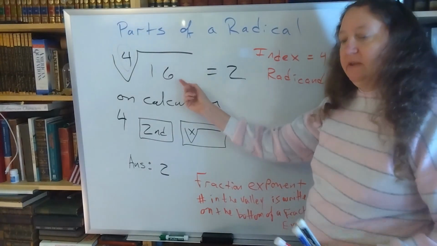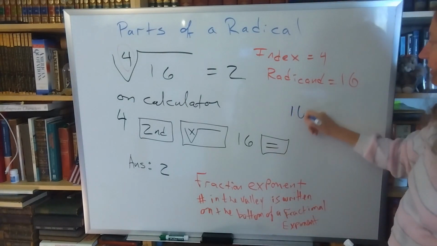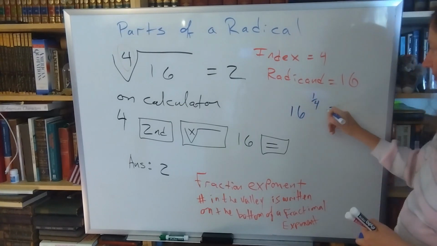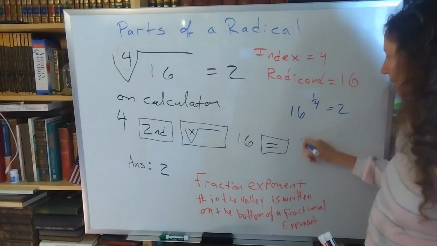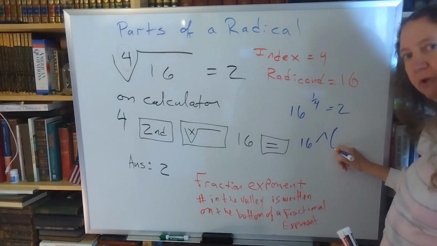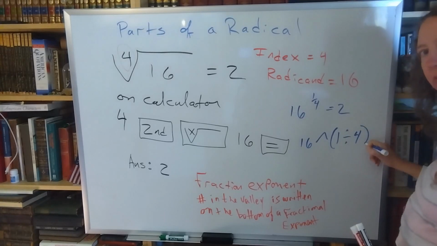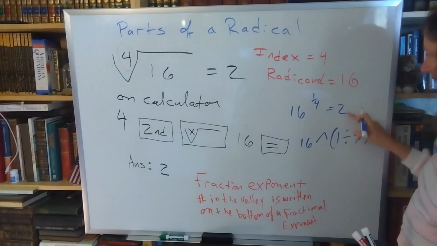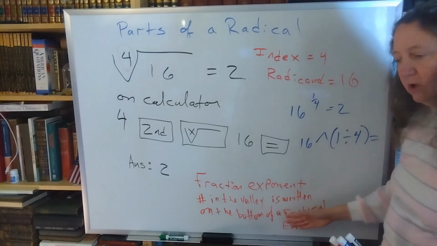So another way of writing this would be to write it as 16 to the 1/4. And to type that onto a calculator, you would type the 16, the raise to button, open parentheses, 1 divide by 4, close parentheses, and then equals. And it will give you 2. So as I said, we will get into this more in another video.